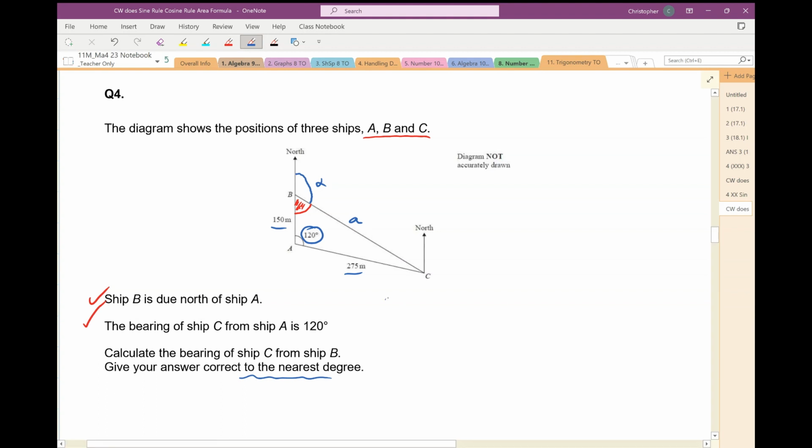So I know that a squared is going to equal 150 squared plus 275 squared minus 2 times 150 times 275 times cos the included angle, cos 120.